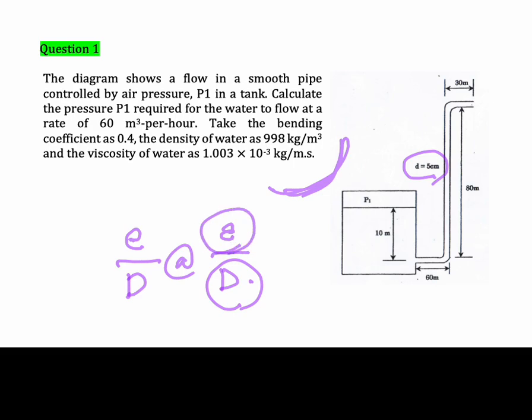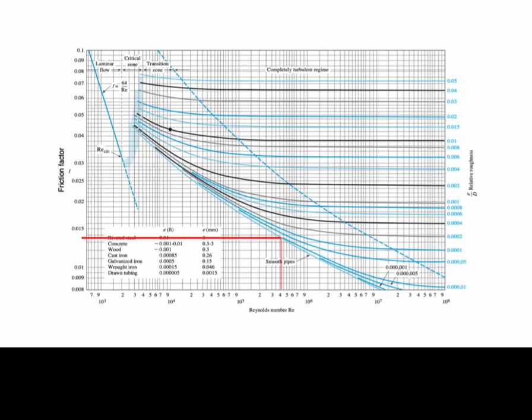However, from the question, we know that the condition of the pipe is a smooth pipe. And this is actually the biggest hint to evaluate the friction factor of this system. Because if you see the Moody chart here, you will find that there is one line, the lowest line here, written as smooth pipe.